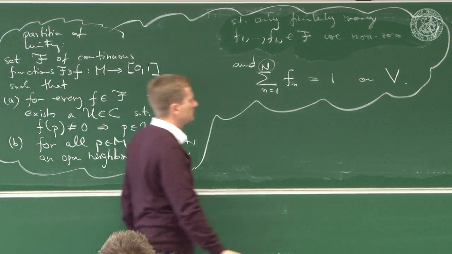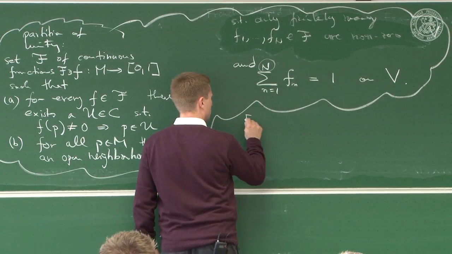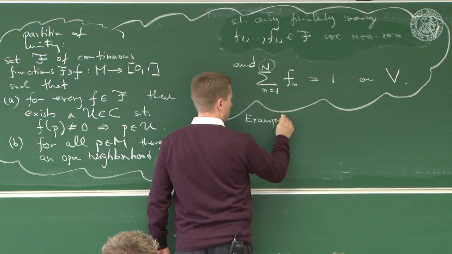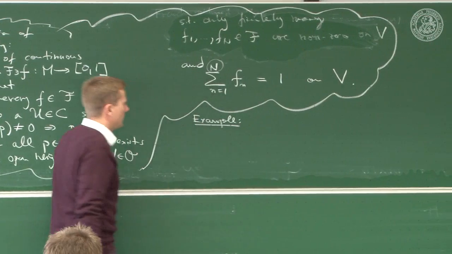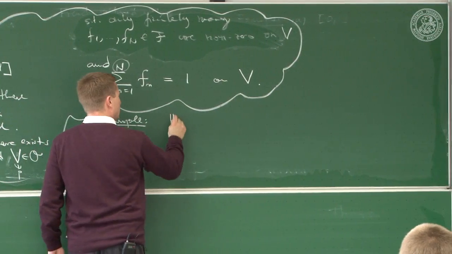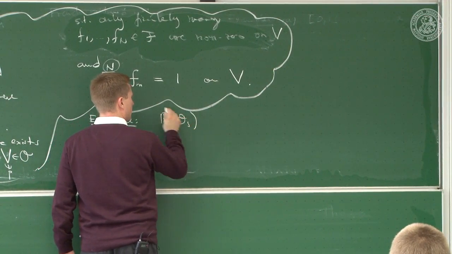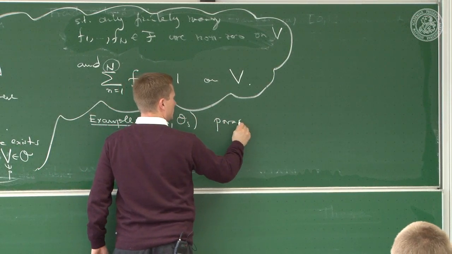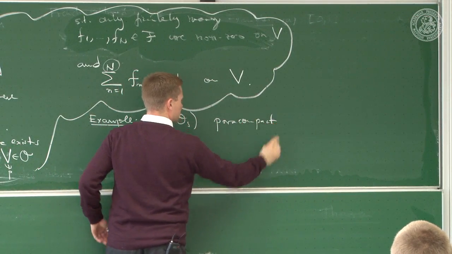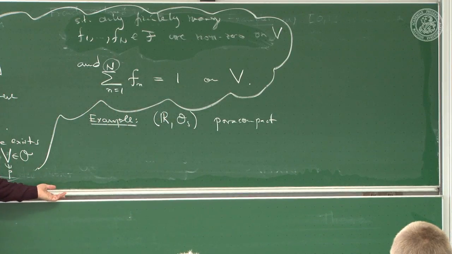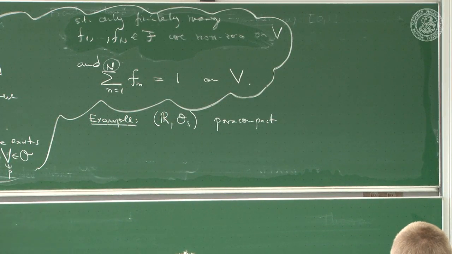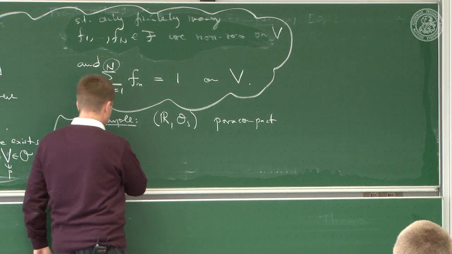Example. Look again at the real line equipped with the standard topology. We already know this is paracompact. Well, since this is paracompact, every open cover should admit a partition of unity. So let's draw again the real line.